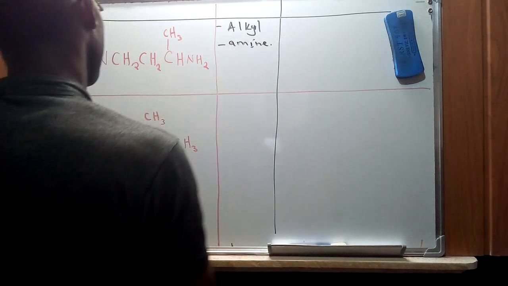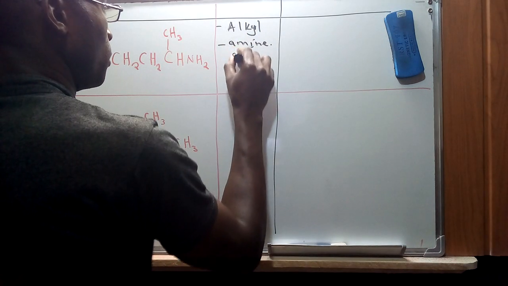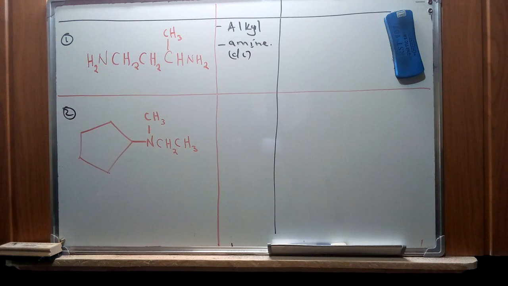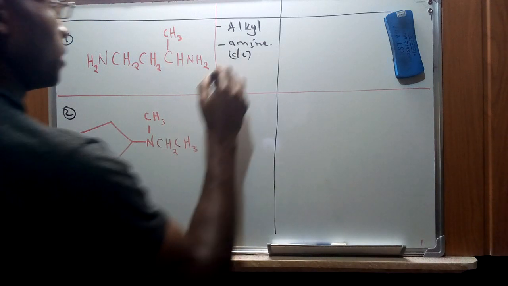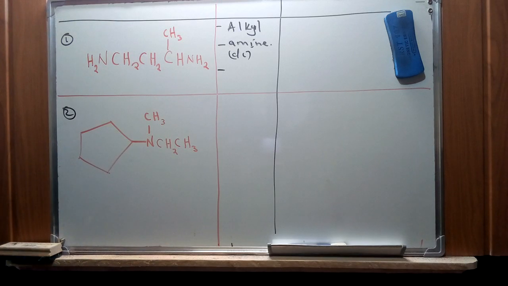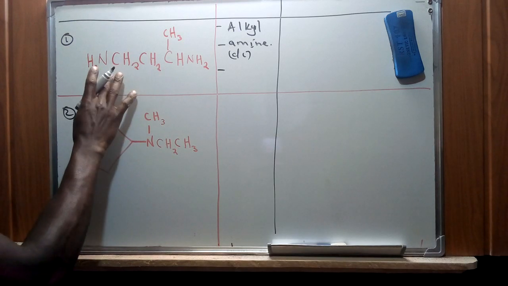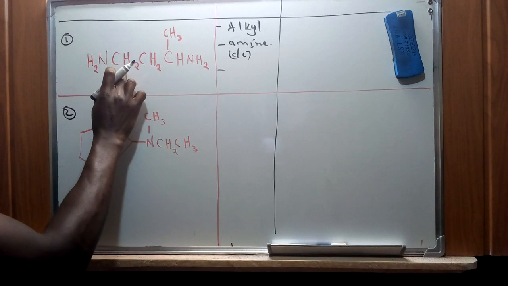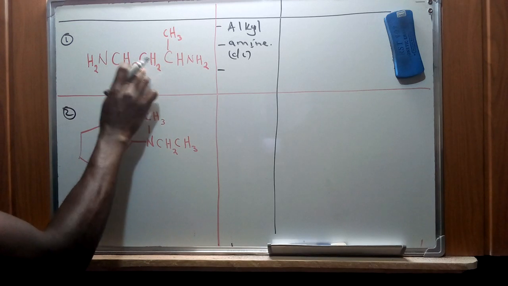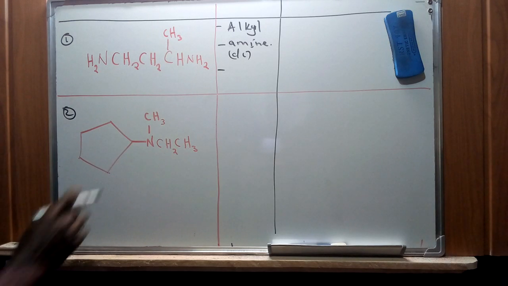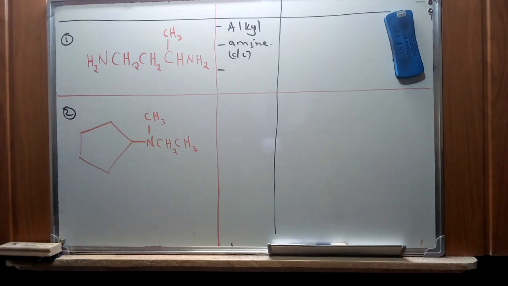So there's a diamine, amine groups, and then for the carbon, we need the identification of the longest chain. In that case, we start the counting from here. So it's 1, 2, 3, 4. Let's try to look at that. We can count from the other side and see how many carbons.